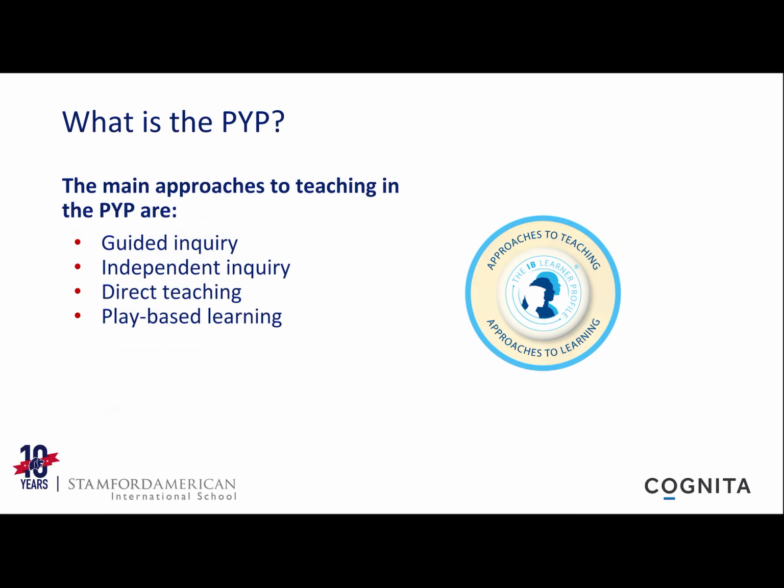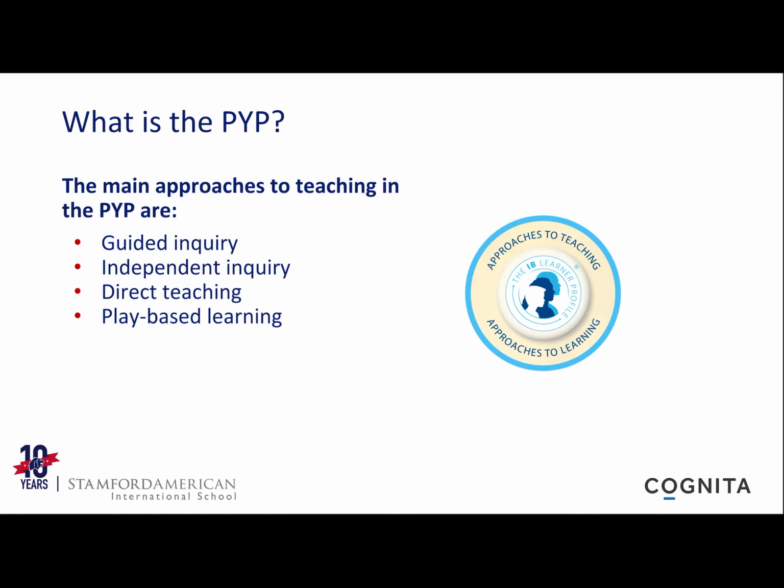In terms of approaches to teaching, the PYP uses 4 main approaches. We use guided inquiry, independent inquiry, direct teaching, and play-based learning. So kindergarten will also use all of these strategies. However, in kindergarten, there may be more emphasis on play-based learning.